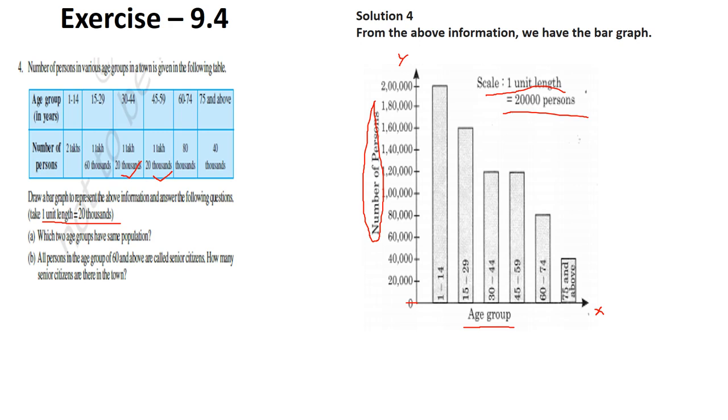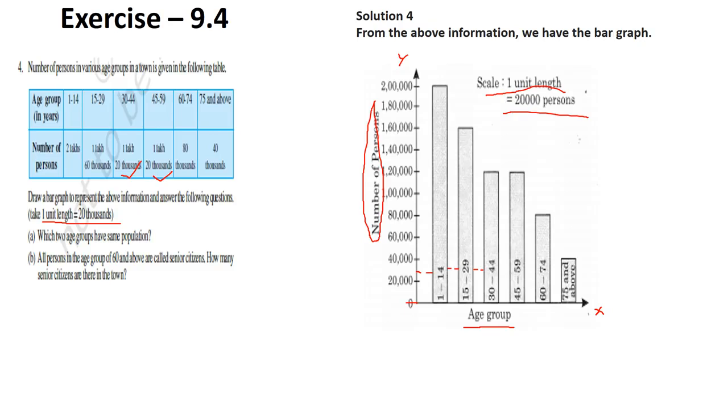In all the figures we have taken the gap of 20,000. And here are the age groups. In this also see, the gap is the same. The gap between these two is equal to the gap between these two. And the width of all the bars is also the same.